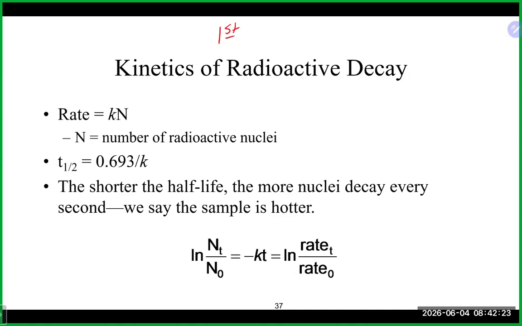Remember that first order kinetics basically has 2 main formulas that go with it. Integrated rate law, the natural log of A is equal to the natural log of A naught minus kt. And it also has a half-life that is the natural log of 2 over k.